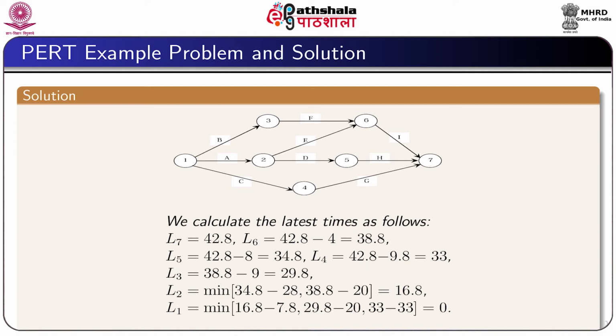For the second event, that is event 2, we have to think of the successor activities 2 6 and 2 5, and from these we will take the minimum value, and this gives the minimum value L2 as 16.8, and similarly we find L1 as 0.